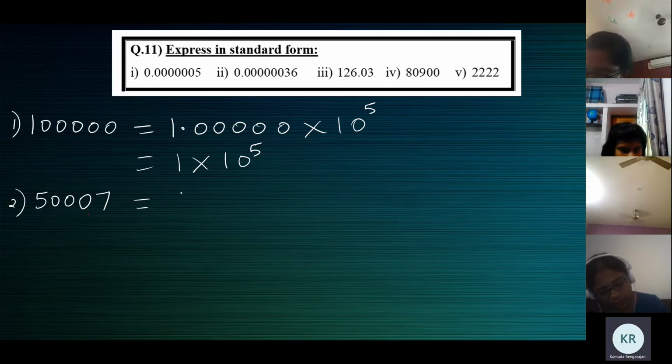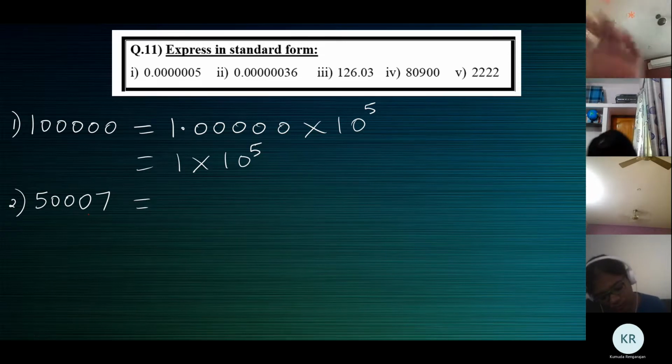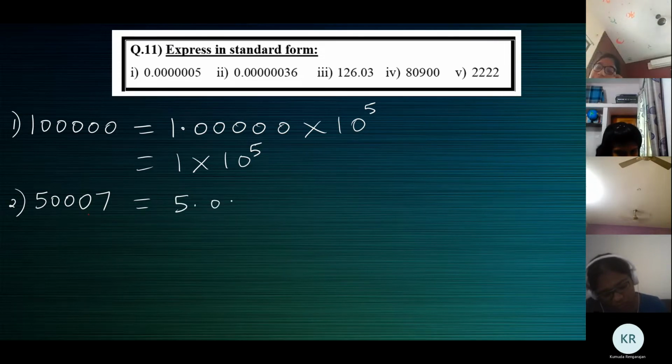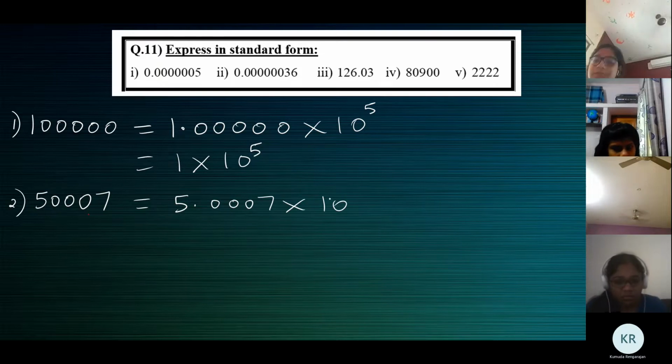This is for Swati. Ma'am, it's 5.0007 into 10 to the power 4. Correct. Very good.